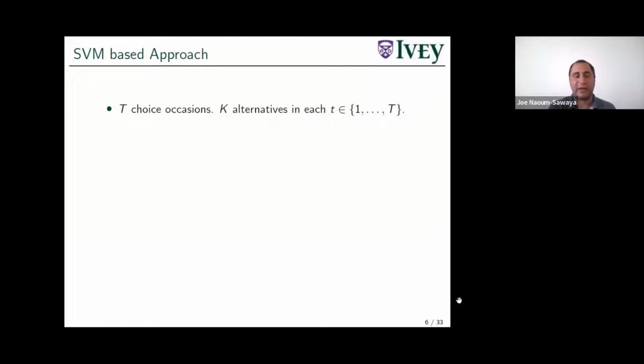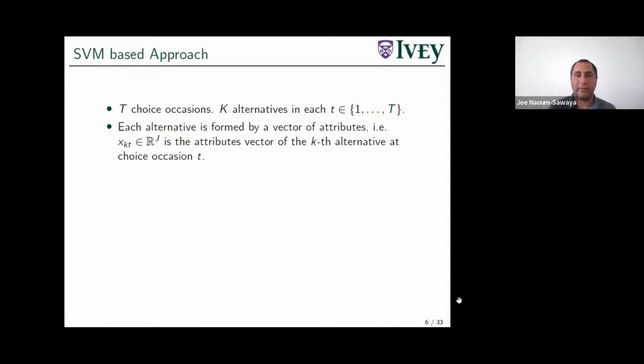As a start, we're going to look at a single consumer, and that consumer is choosing a product at discrete points in time, and we have these T choice occasions. At each point in time, they look at K alternatives, so they have K products that are offered to them. So there are T choice occasions, and at each occasion, there are K alternatives offered to them.